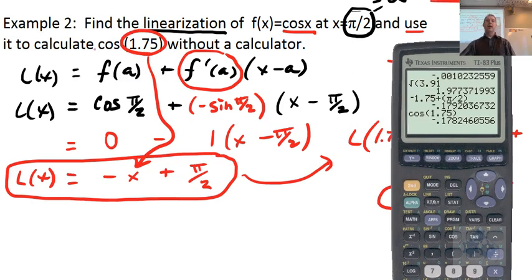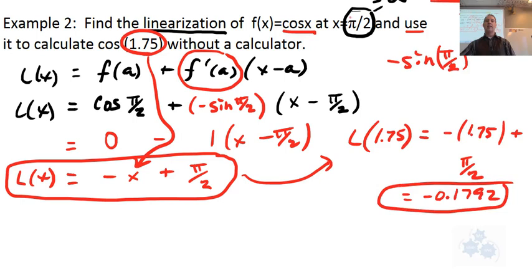Like this is x equals pi over 2, right? So 1.75 is pretty close to pi over 2. If you had an a value that's closer to 1.75, then your approximation is going to be better. So that's kind of a relative question there. But if you come up with a question like this, this is exactly how you would do it. You would use what you're given, write the linearization, and then use that to estimate.